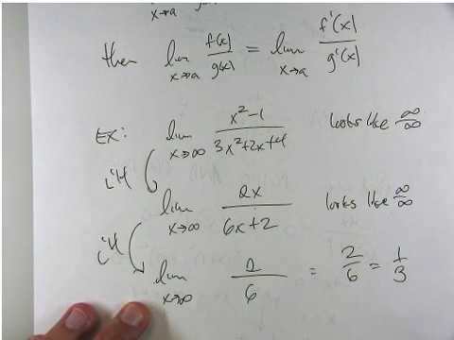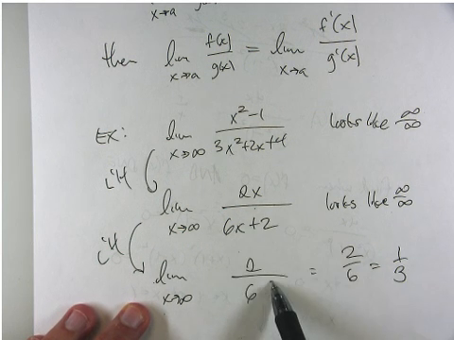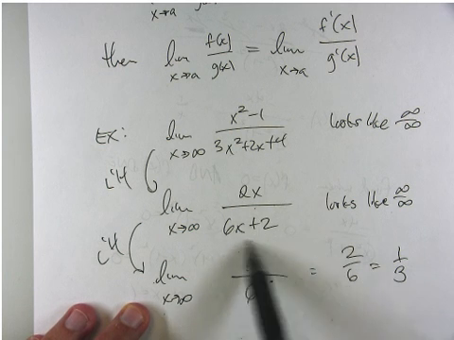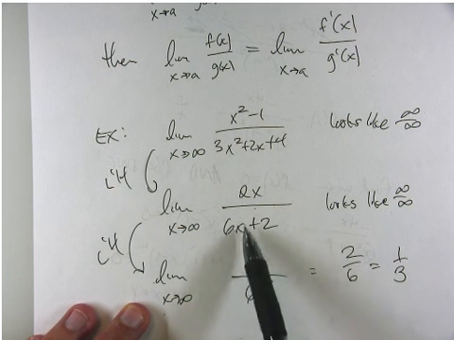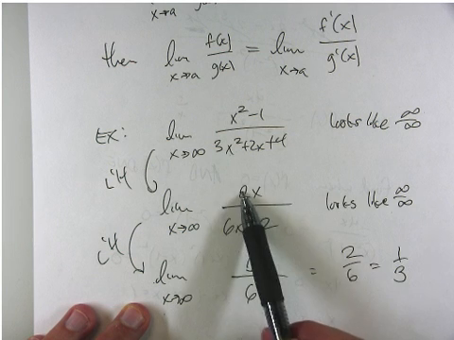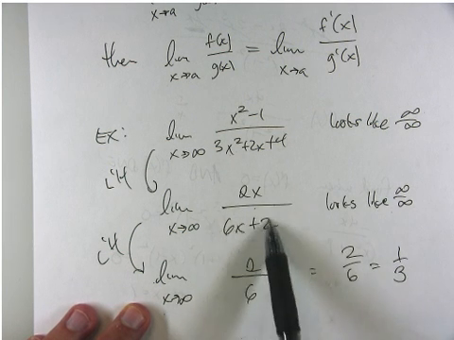Seems like it makes sense? Yeah. You took the rule the first time, you got 2x over 6x plus 2. How did you get from there to here? You just plug infinity in? No, I looked at this and I said, this still looks like something infinitely big divided by something infinitely big.